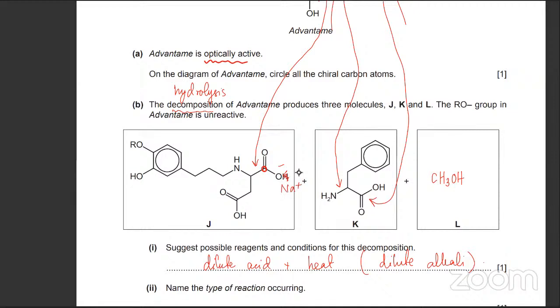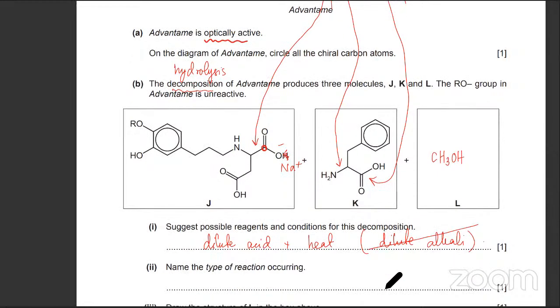So instead, I'm going to get salts of the carboxylic acid, not the carboxylic acid itself. So always remember, whenever you use alkaline hydrolysis, the carboxylic acid would end up reacting with it. In this case, since it wasn't reacting, I'm not going to use dilute alkali. Okay? Is that clear? Yes, sir. Thank you.